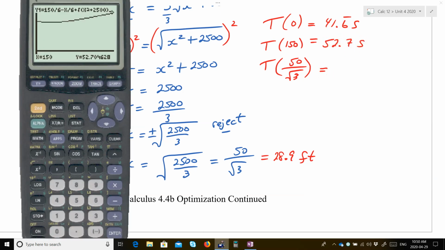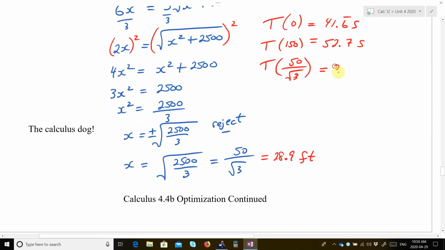And is our critical point going to be the best time? 50 divided by root 3, 39.4 seconds. So yes, that's the best time, but just barely, and just a little bit better than x being 0.